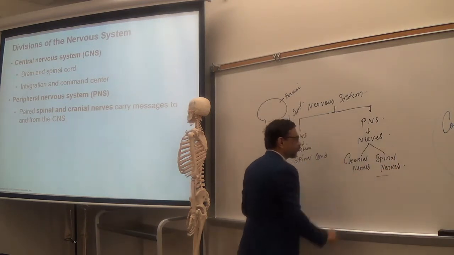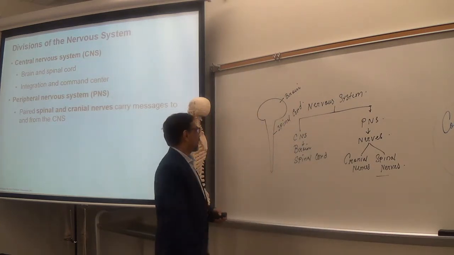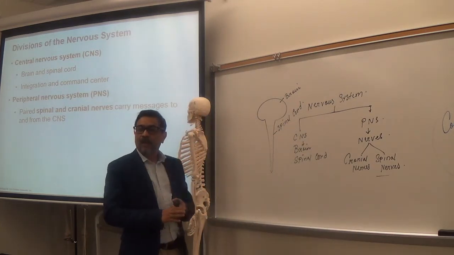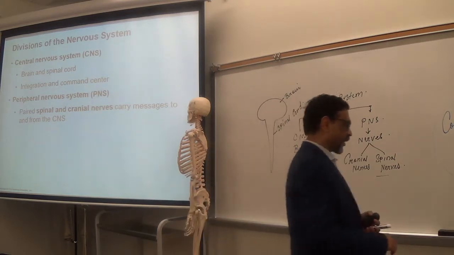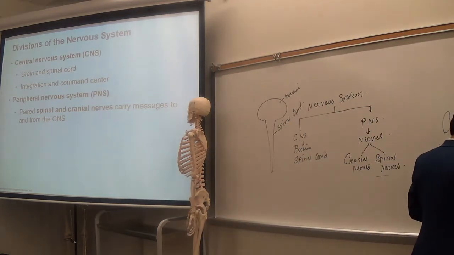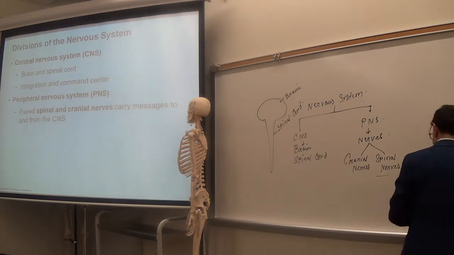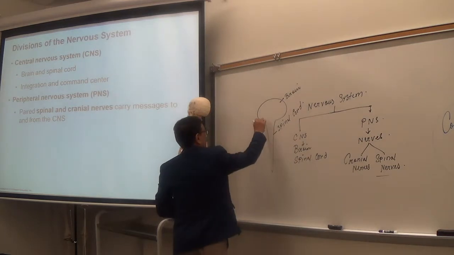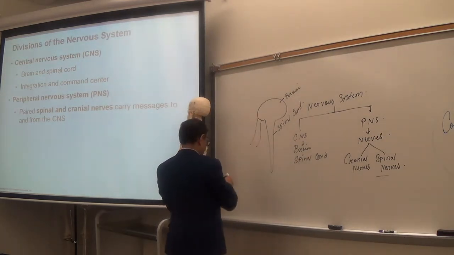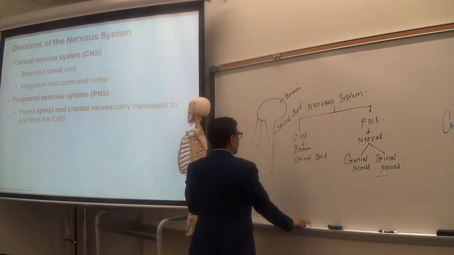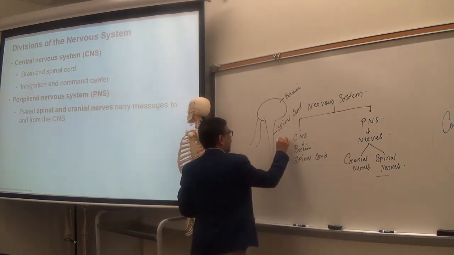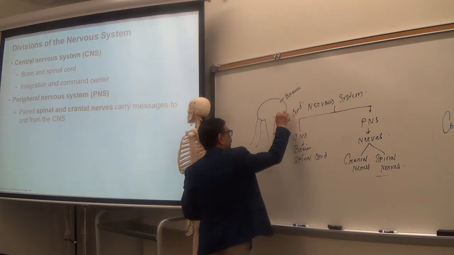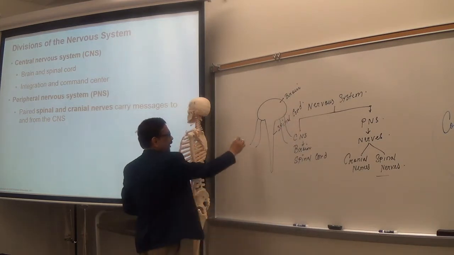Okay? What are the cranial nerves and what are the spinal nerves? Cranial nerves are those nerves attached to the brain. Okay, so cranial nerves are the nerves attached to the what? Brain. So these are cranial nerves.